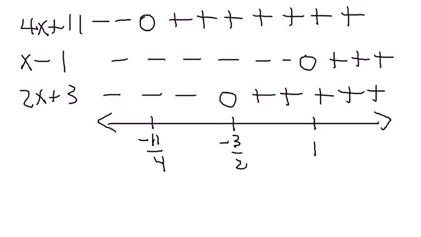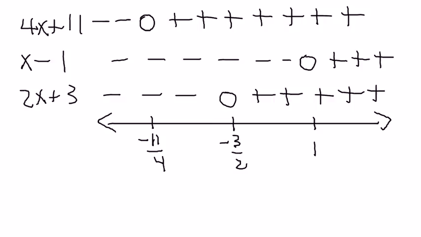Below it, there are 4 different intervals: from negative infinity to negative 11 fourths, negative 11 fourths to negative 3 halves, negative 3 halves to 1, and 1 to infinity. From negative infinity to negative 11 fourths, I have a negative in the numerator, but the denominator is negative times a negative, which is positive. So negative divided by a positive is less than 0. We wouldn't include that.